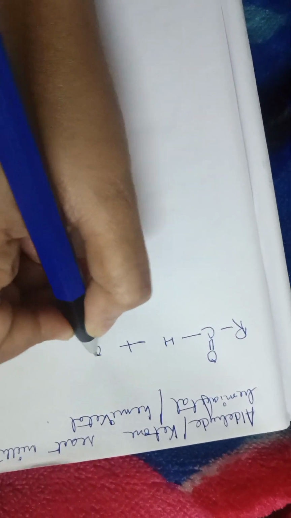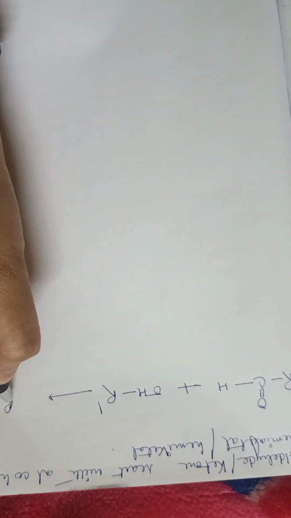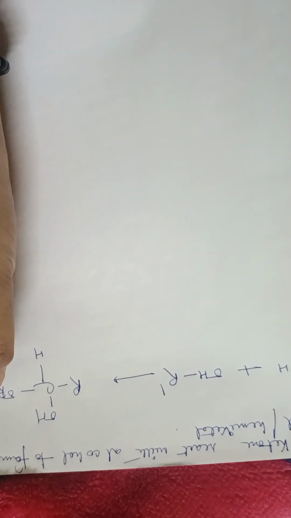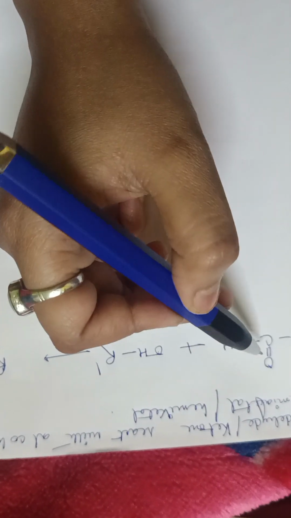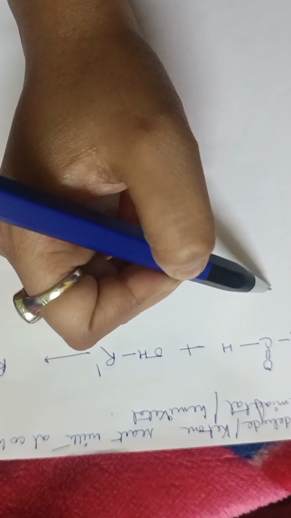It reacts with OH, R. So C, OH will form, and another H is drawn here. What will get attached? OR dash. This OR dash will be remaining. This H will go with the OH, it will react, and another H will come this side. So OR dash will be left. This is hemiacetal.